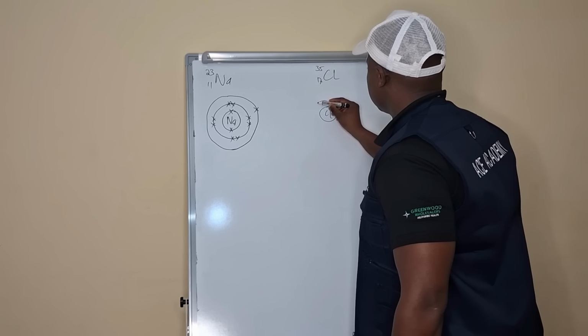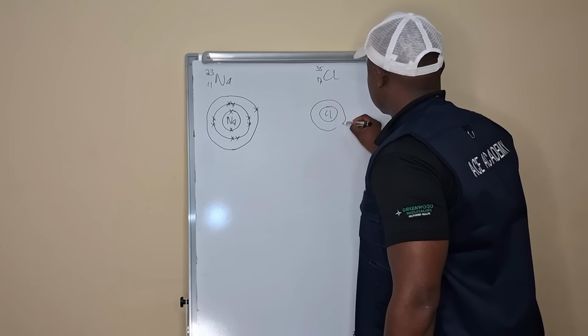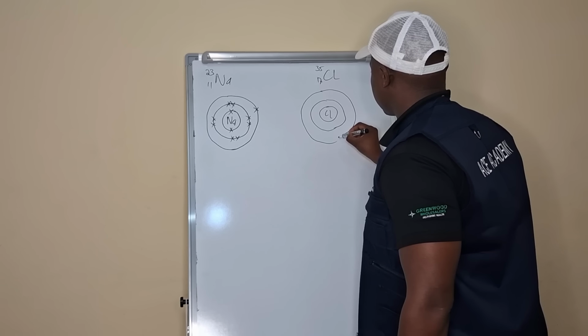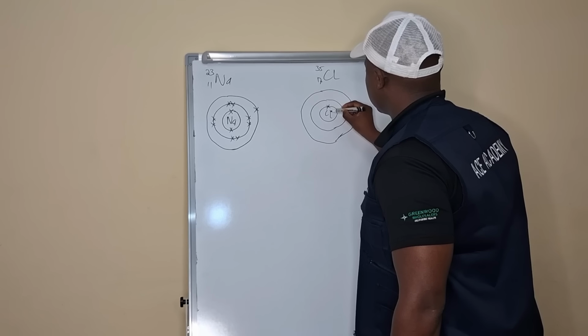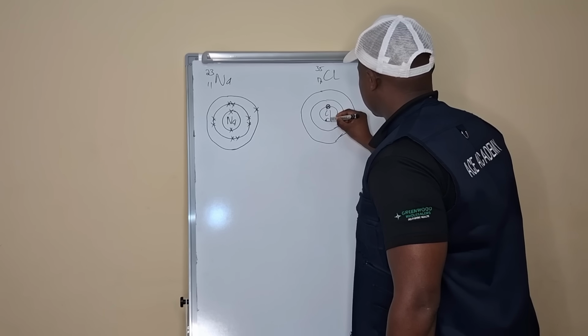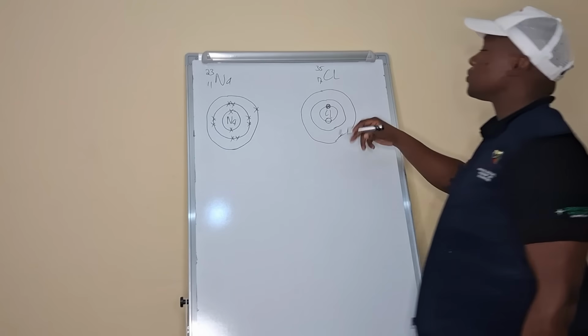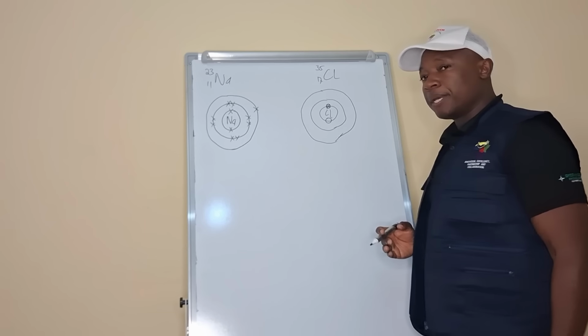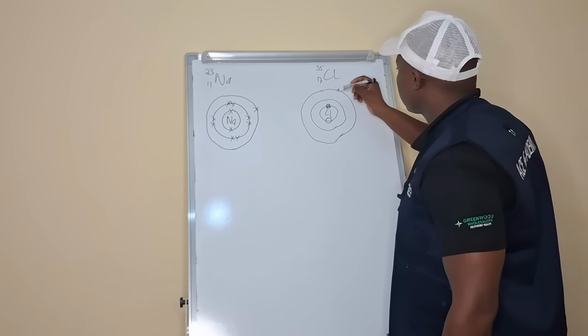This is our chlorine. Right. The innermost shell has got how many electrons? 2 electrons. So we are going to represent the electrons of chlorine as dots, since we have represented the electrons of sodium as crosses. Right.